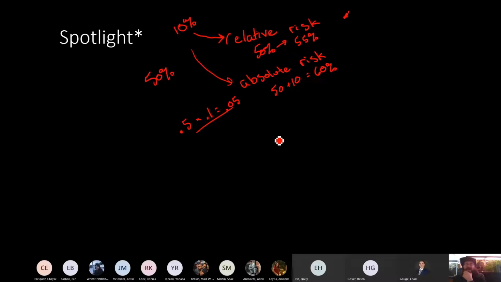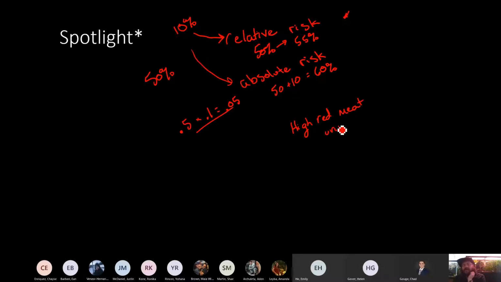This is important because oftentimes when newspapers or other articles present your risks of cancer from doing certain things in your lifestyle, they are presenting relative risk without identifying that it's relative risk, right? So for instance, a high red meat diet.